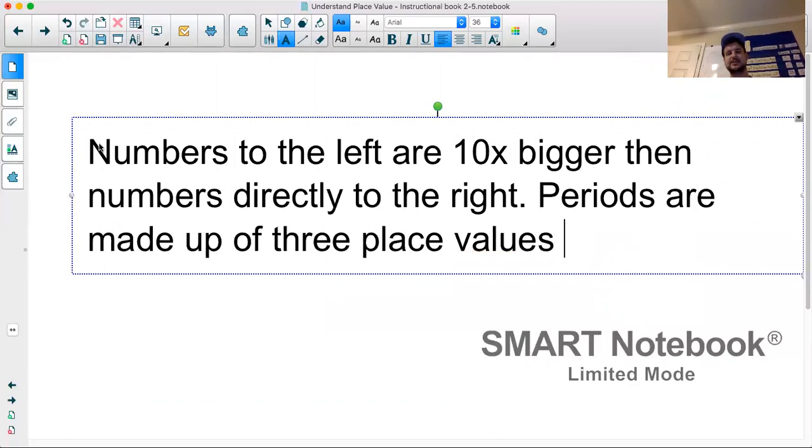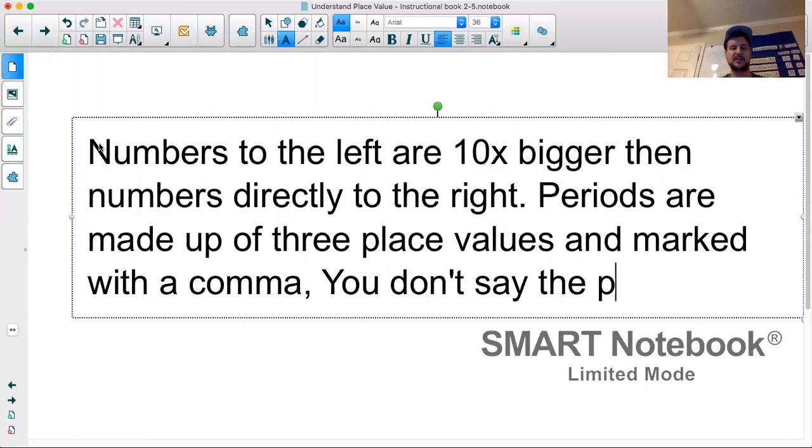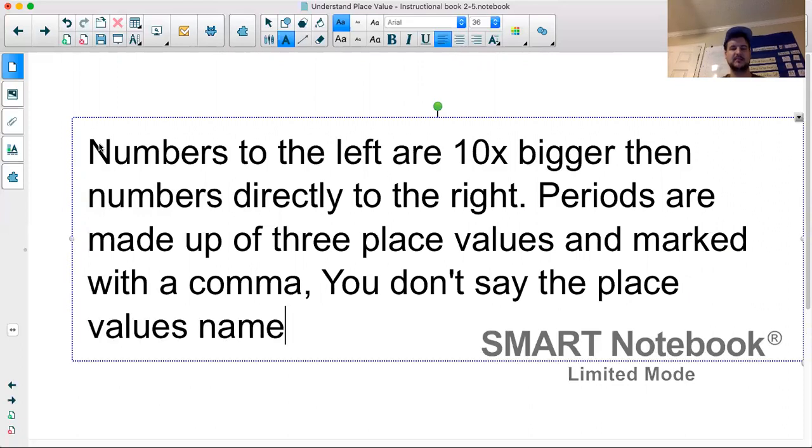They're made up of 3 place values and marked with a comma, not a period. And then the last thing I hope you got is that you don't say the place value's name until you get to the comma.